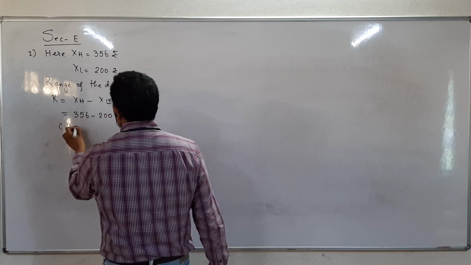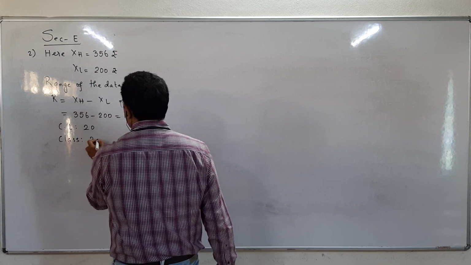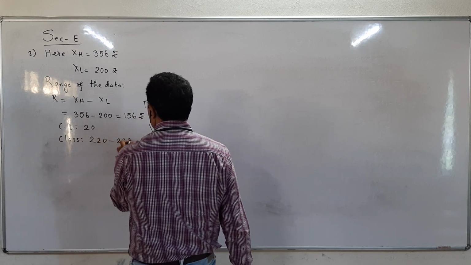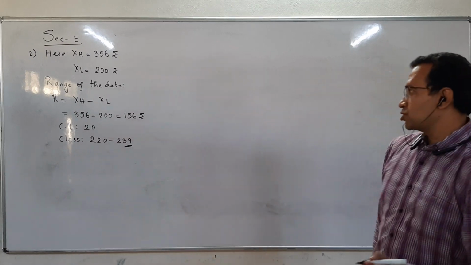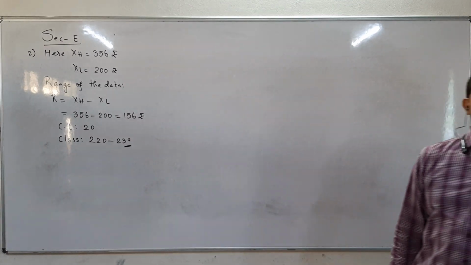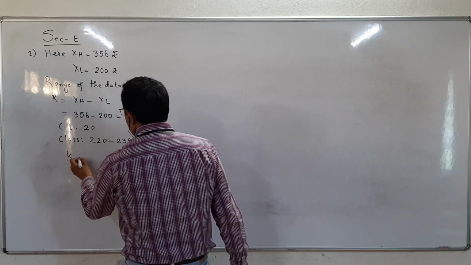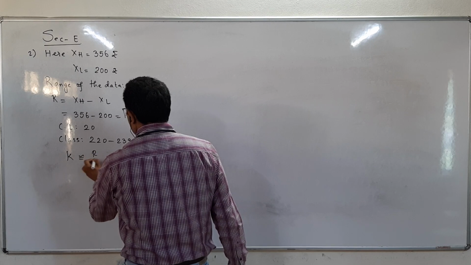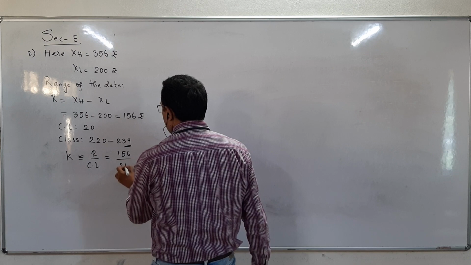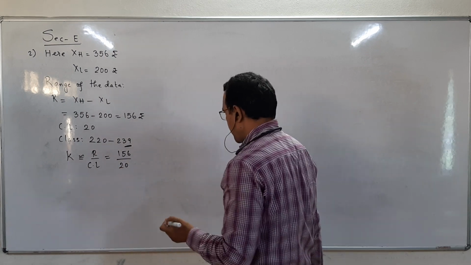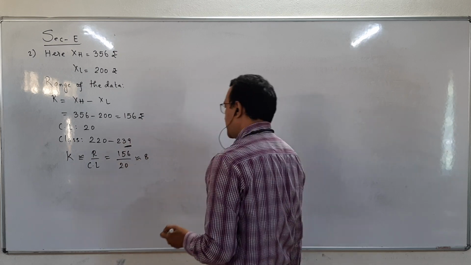Class length is given as 20 and one of the classes is given as 220 to 239. Okay students, this much must be crystal clear for all. Number of classes K is approximately range divided by class length, 156 divided by 20, so approximately 8. It is 7 point something, so approximately 8.